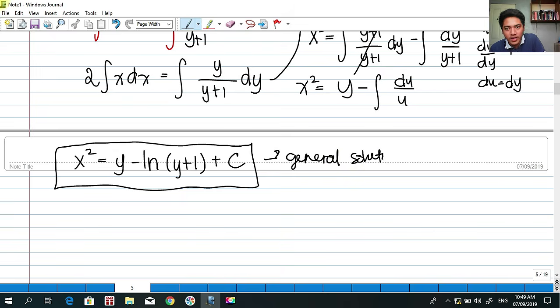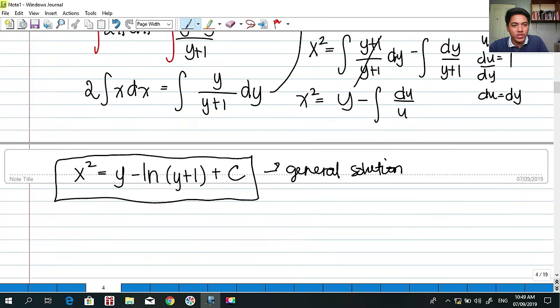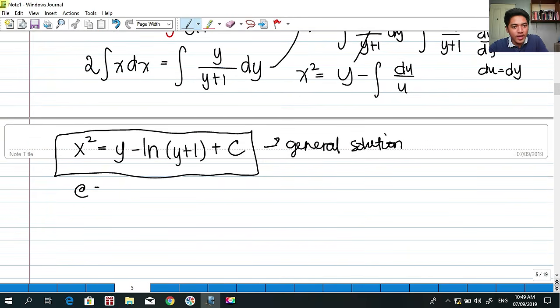General solution, again, is a solution that contains an arbitrary constant, but the arbitrary constant here is not defined. So we need to find the value of c, because we are given the condition that at x equals 1, y equals 0.